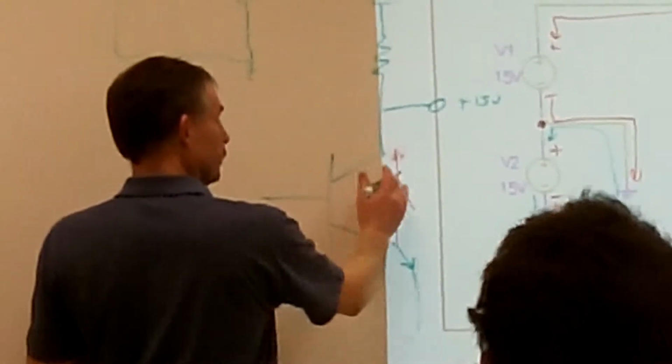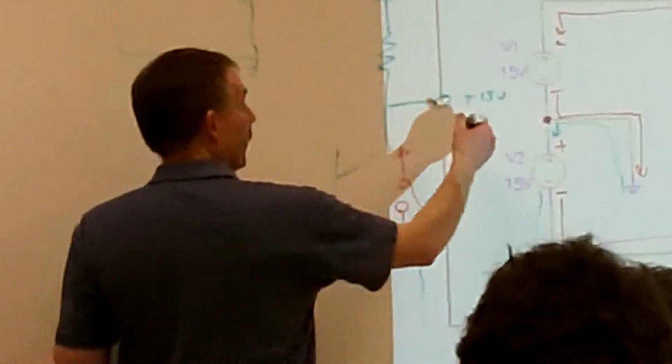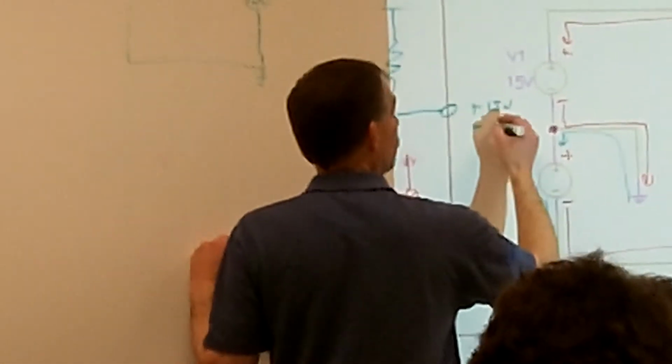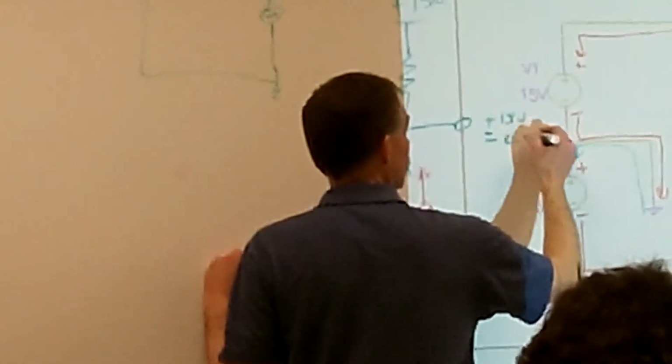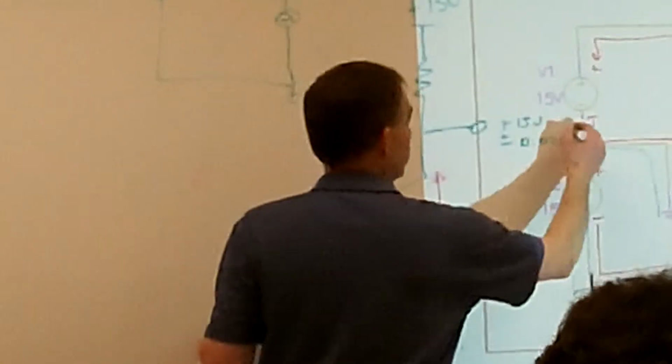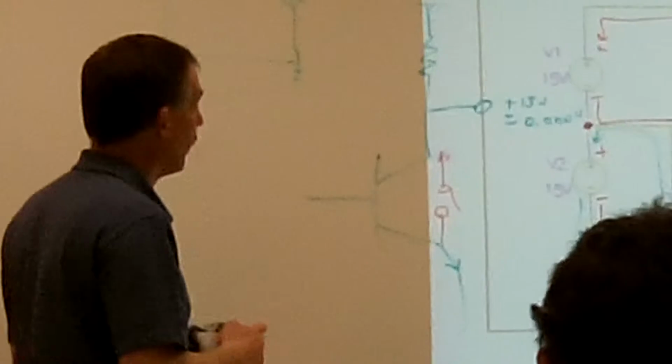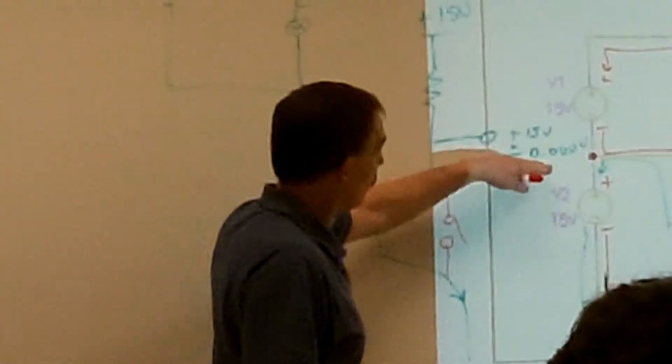And if I turn the transistor on and the switch closes, then it's going to go to plus or minus 0 volts. That's the only choice I have. I only have either plus 15 or plus or minus 0. Those are the only two choices.